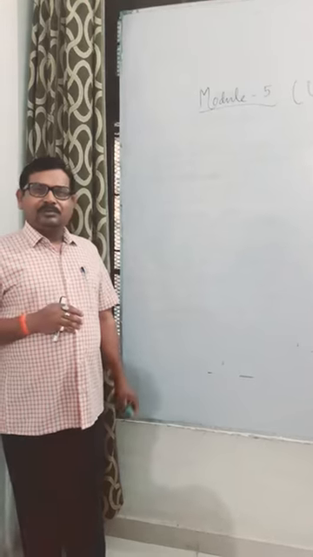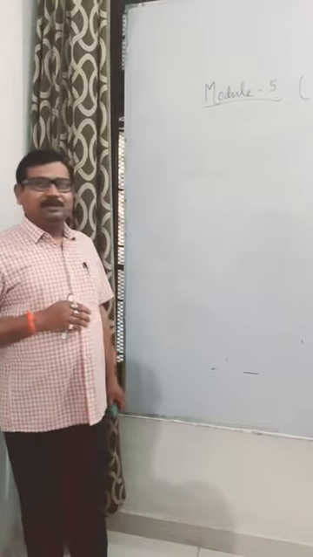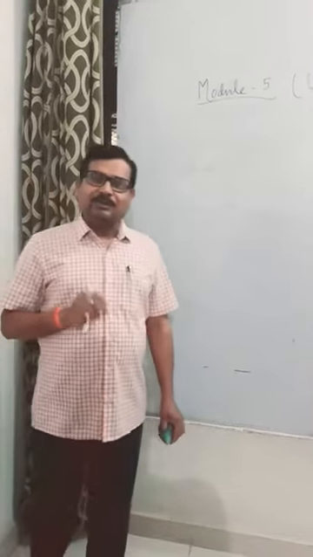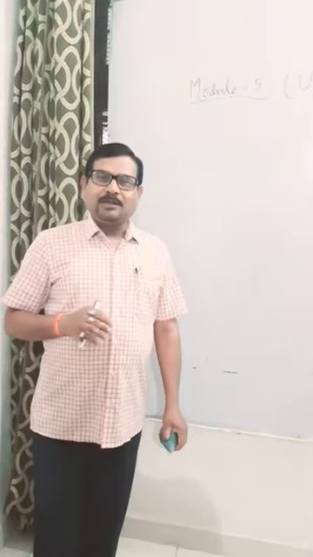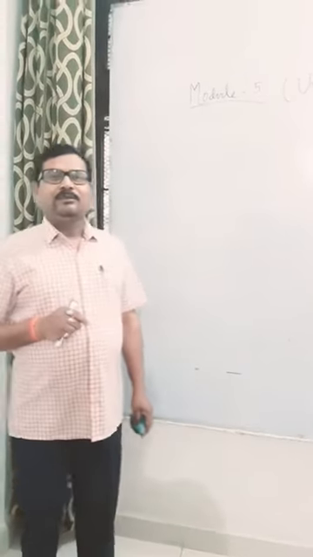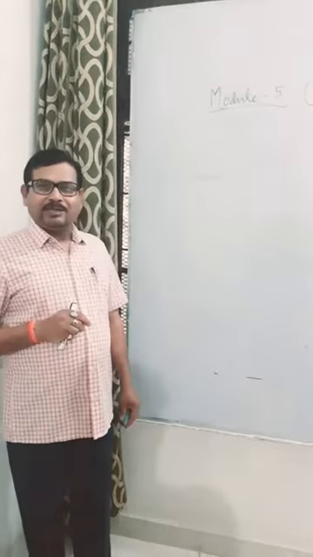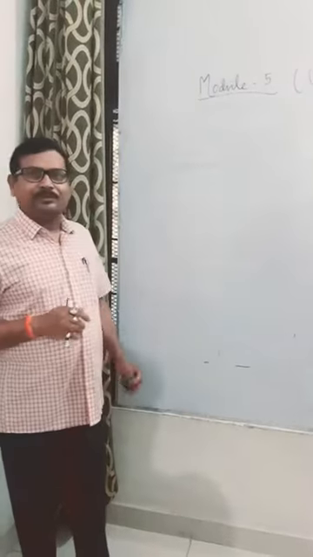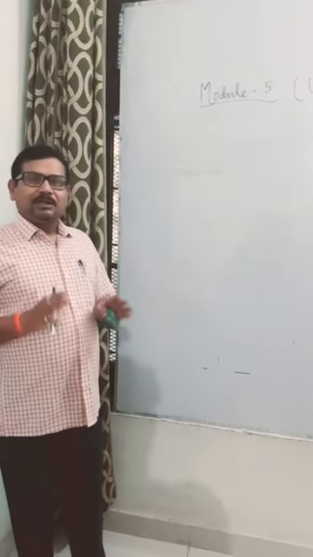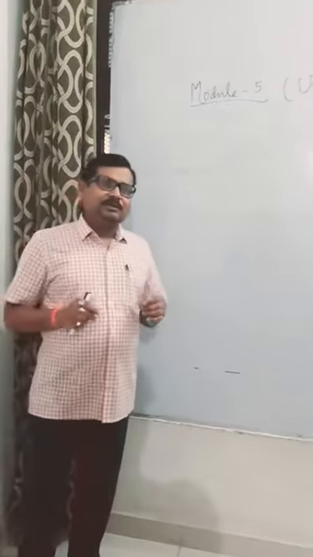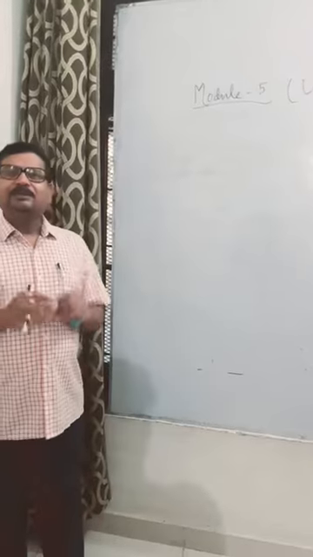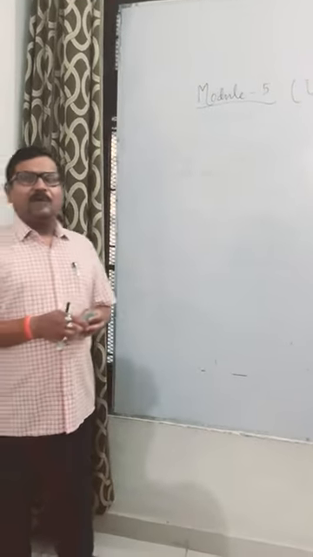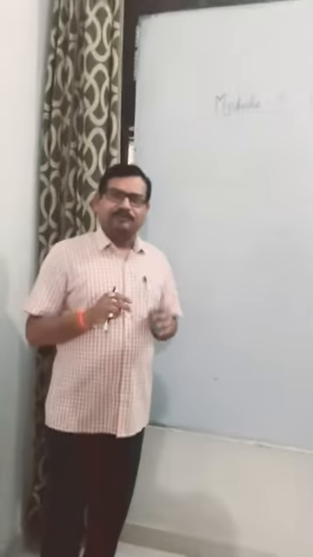Now, today we want to start the last unit of your syllabus as far as Mathematics 2 is concerned. The name of that unit is unit 5, that is module 5. This module 5 contains several topics, and all these topics are based on complex integration.